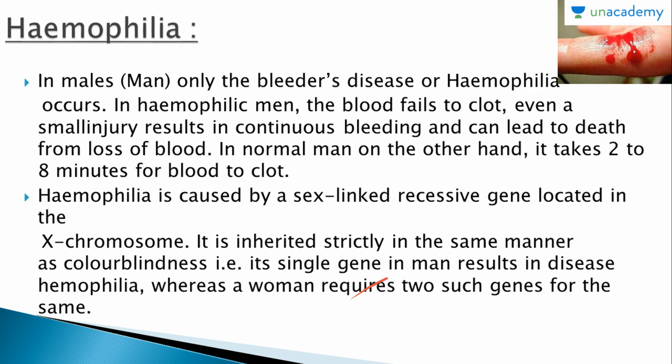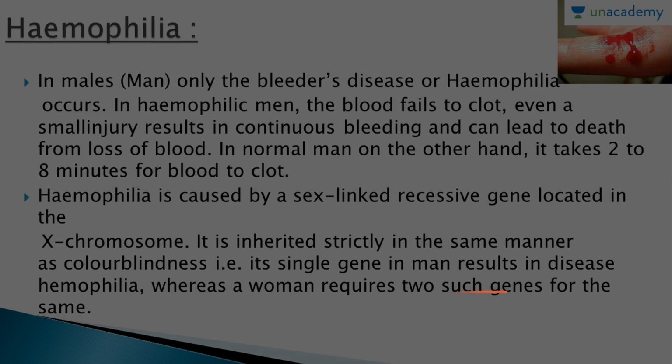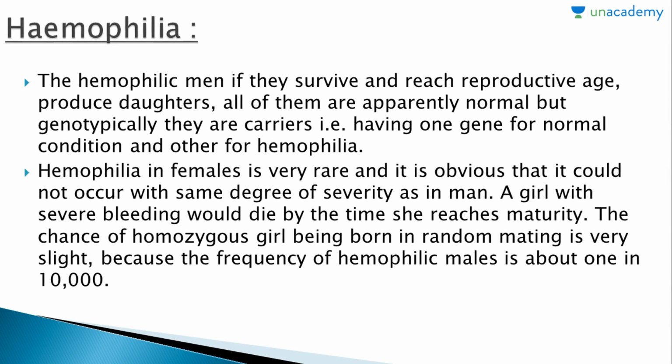A single such gene in men results in the disease hemophilia, whereas a woman requires two such genes for the same. So it is mostly improbable that a woman acquires this disease. Hemophilic men, if they survive and reach reproductive age, produce daughters. All of them are apparently normal, but genotypically they are carriers, that is, they have one gene for the normal condition and the other for hemophilia.